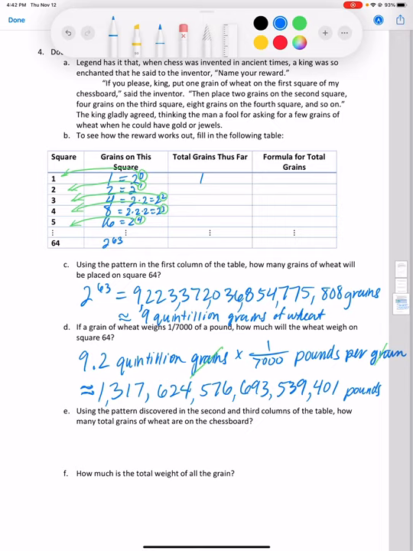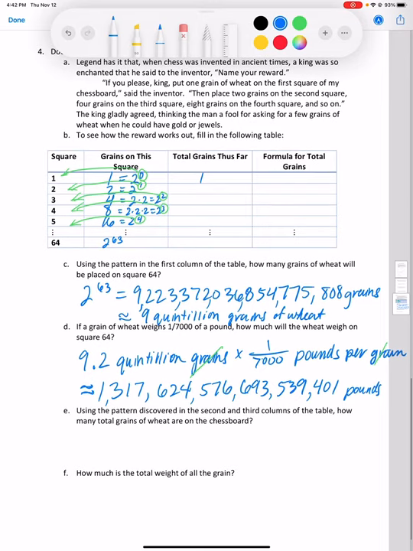And square number 2 will have all of what's in square number 1, which is 1, plus the 2 that come from square number 2. Okay, so there's 3 total grains on square number 2. Let me erase these here.